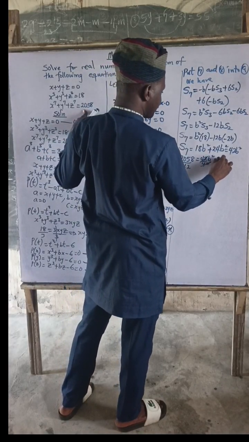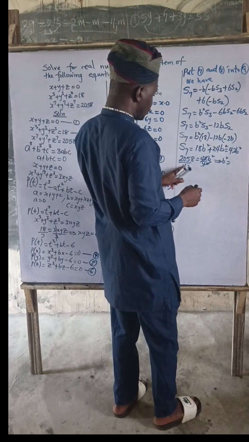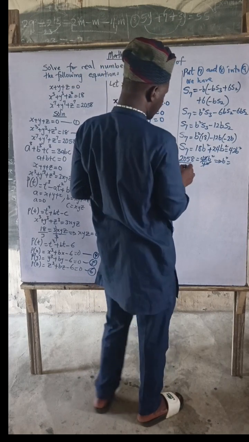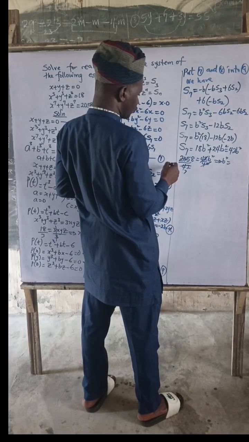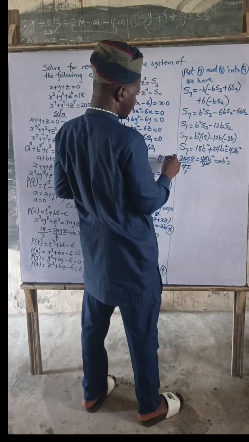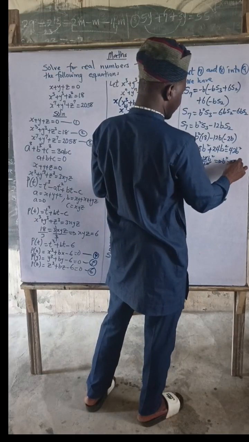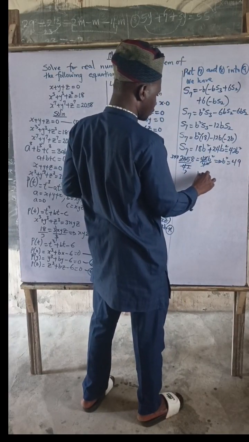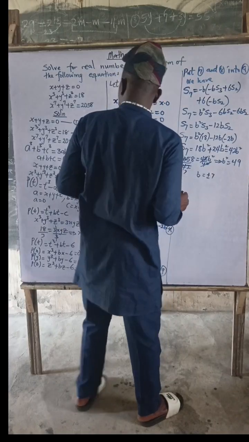It implies that b squared equals, when you divide by 42, so let's say 6 goes here, 7. 6 in 20, we have 3, remainder 2. 6 in 25, we have 4, remainder 1. 6 in 18, we have 3. Now 7 goes here, that will be 49. So therefore b equals plus or minus square root of 49, that will be 7. So we have gotten b.